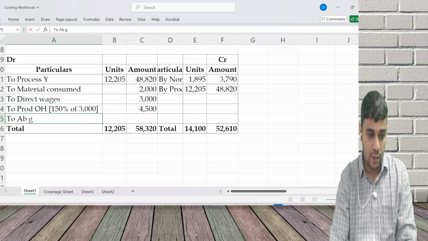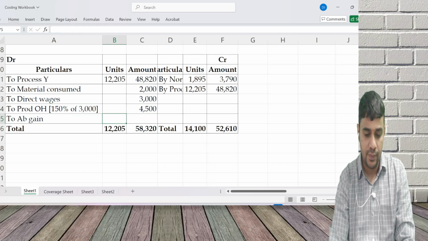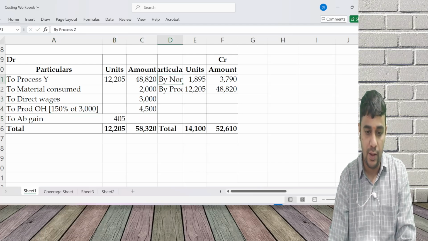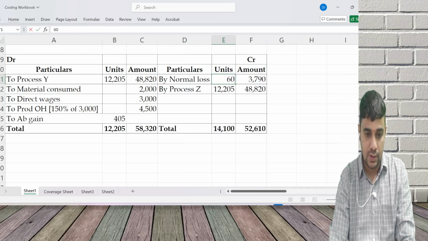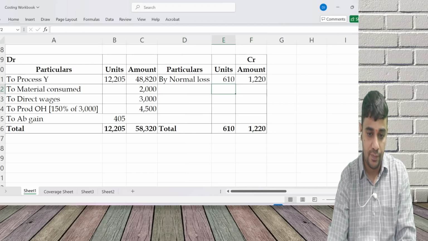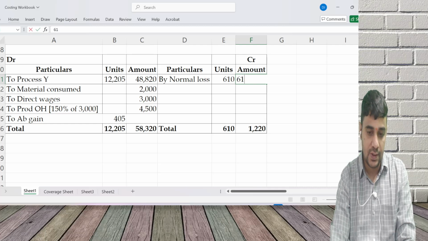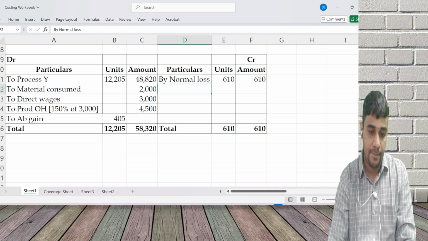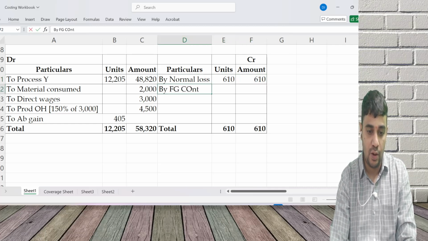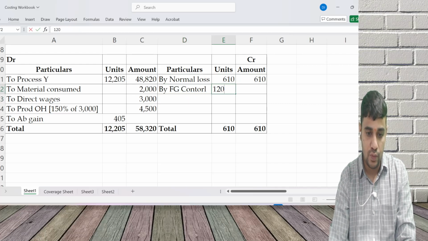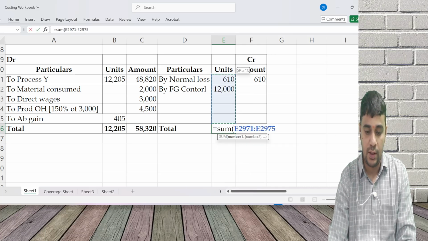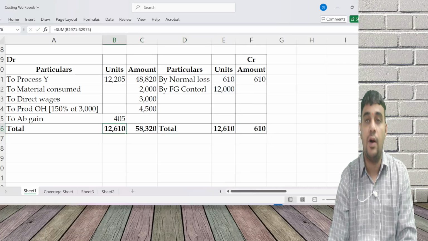To abnormal gain, how many units were there? 405. Value we don't know. By normal loss, 610 units. What is the realizable value? One rupee. So 610 and 610, by FG control account 12,000. The units have tallied.